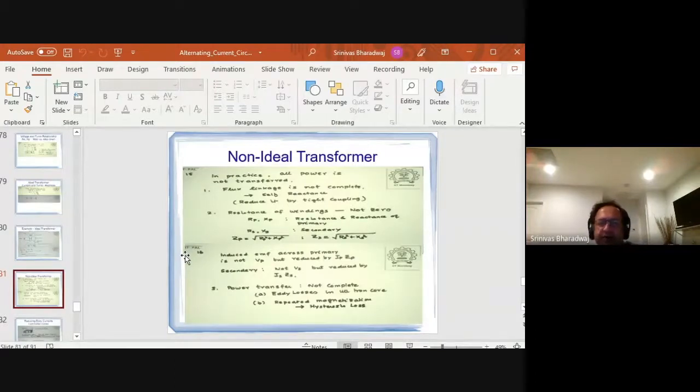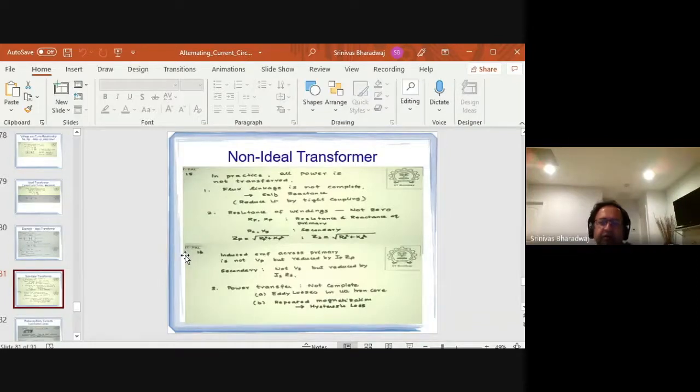But in a non-ideal transformer, not all power is transmitted. There is a resistance in the windings, and the resistance of the windings is non-zero. So the flux linkage is also not complete. There is a certain self-reactance, and when you add both of these, you end up with a Zp, and then you will have a Zs also, so there is an induced EMF across the primary, but it is reduced.